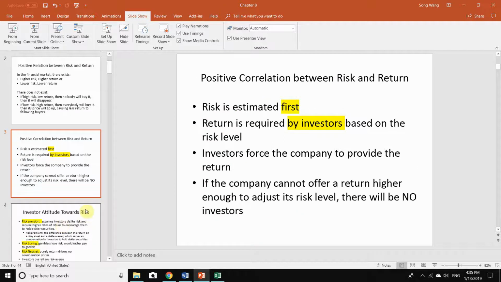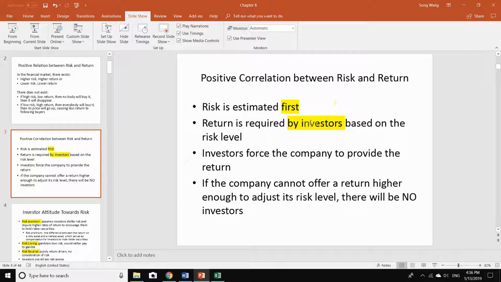Okay, and talking about the risk and return relationship, first, a risk is estimated. Investors need to get a whole idea of this business. It's either a corporate or a limited liability company or any business project. Investors have to get a solid idea of the riskiness this business is exposed to.